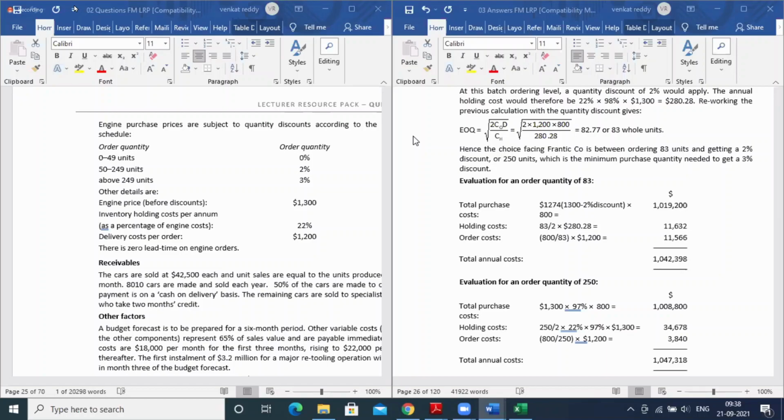EOQ, economic order quantity divided by 2, is nothing but the average, into holding cost per unit, that is 280.28. If you multiply these two, we will get a holding cost of 11,630. I hope it is clear now.